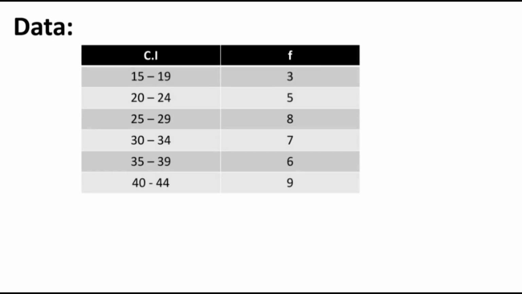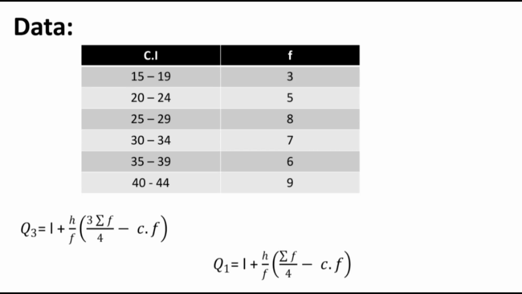Students, if you have been given the data, class interval and the frequencies, so first of all you need to calculate Q3 and Q1. We know that the formula of Q3 is L plus H upon F into 3 summation F upon 4 minus cumulative frequency, and Q1 equals L plus H upon F into summation F upon 4 minus cumulative frequency.